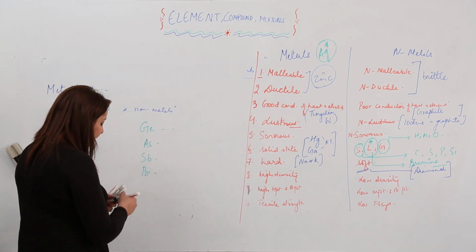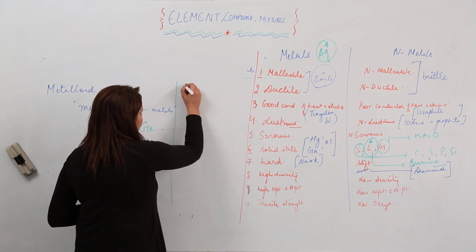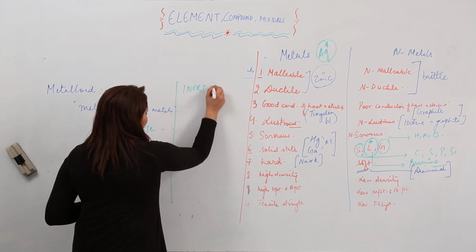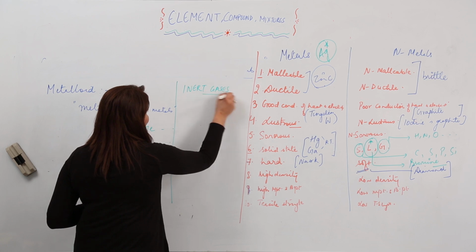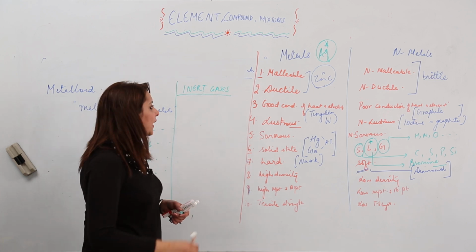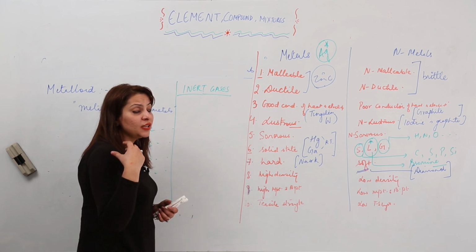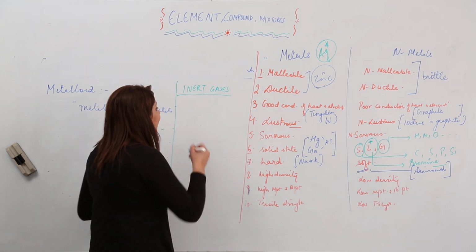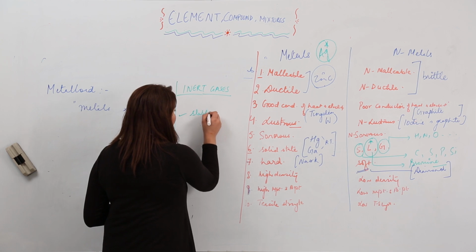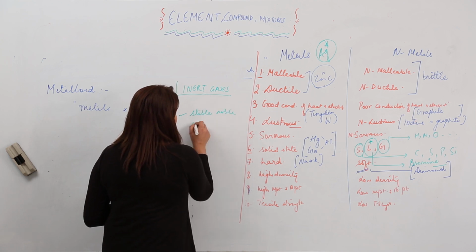The fourth subgroup we are left with is the inert gases. You must know this because we did in atomic structure what the inert gases are. Inert gases show a special property, that is, they have a stable noble gas configuration.